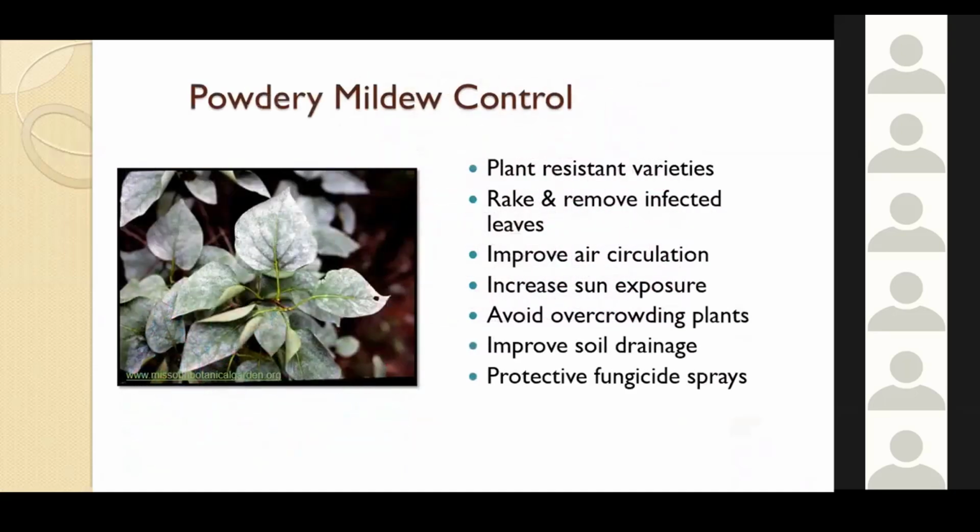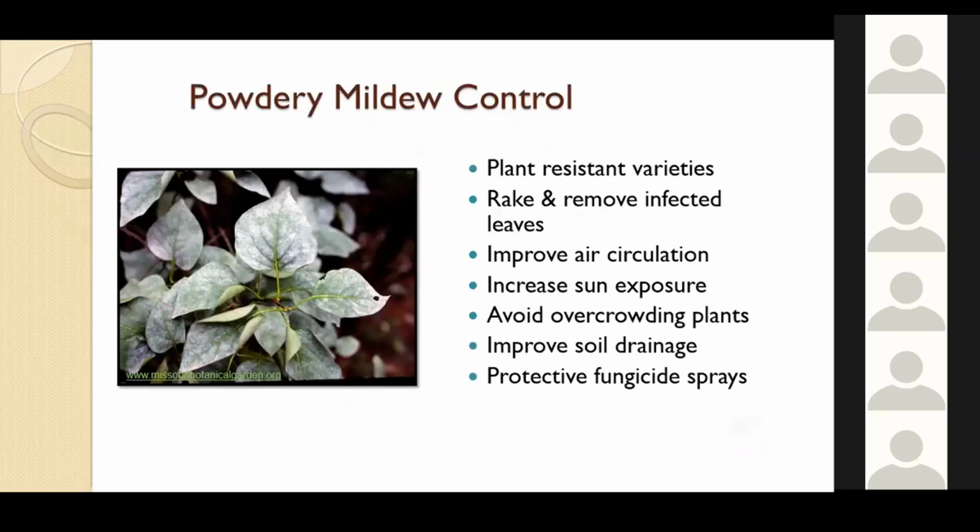As far as controlling powdery mildew, again, if you have a resistant variety available, I recommend using that resistant variety. Also, sanitation is very important. Make sure to remove or rake up any infected leaves. If you can improve air circulation, that's great. If you can increase sun exposure, that's going to be great as well. Another thing you can do is thin your plants.